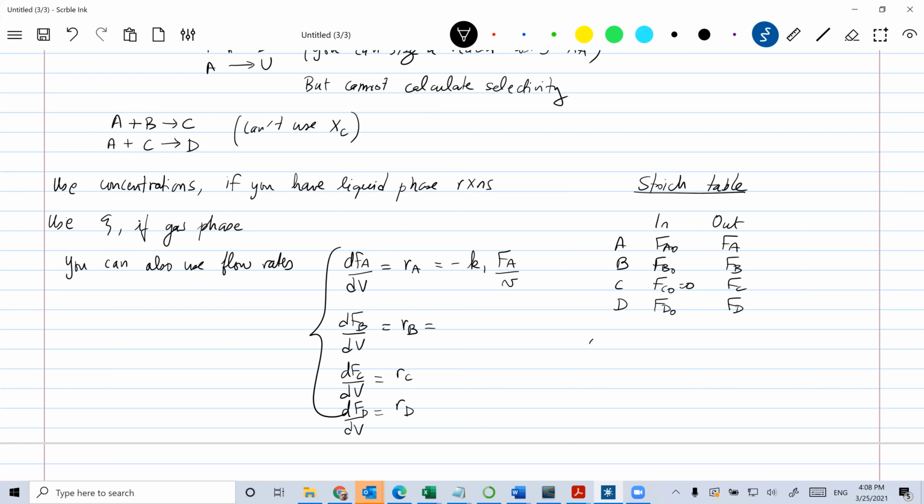In this case, your V is again Ft over Ft naught times V naught, but your Ft is essentially FA plus FB plus FC plus FD over FA naught plus FB naught, right?